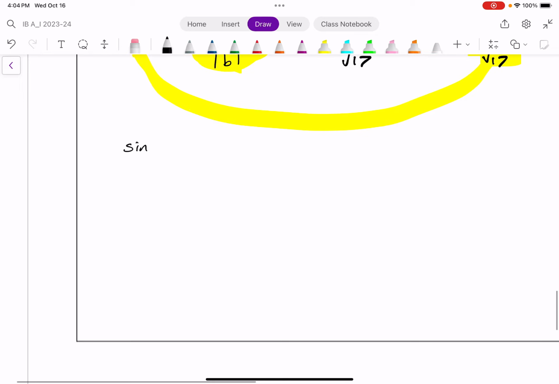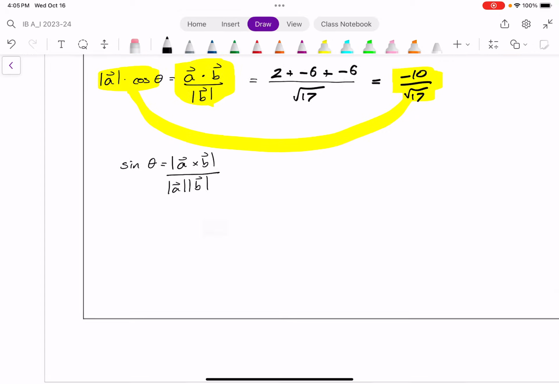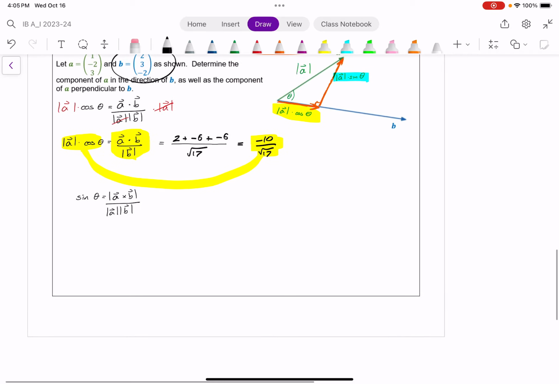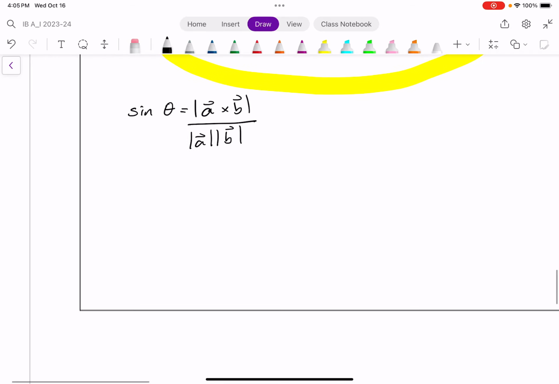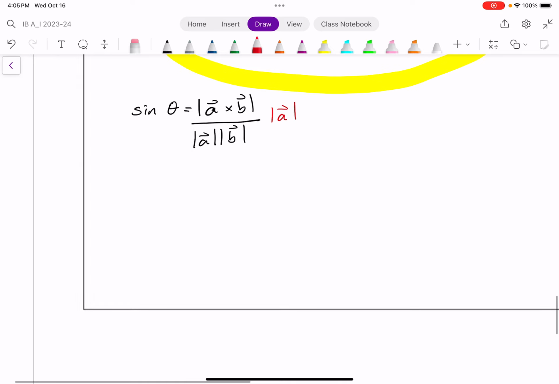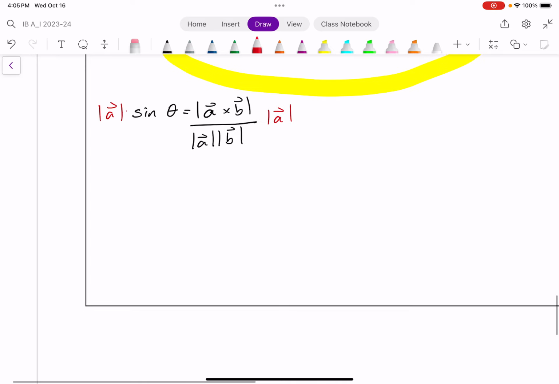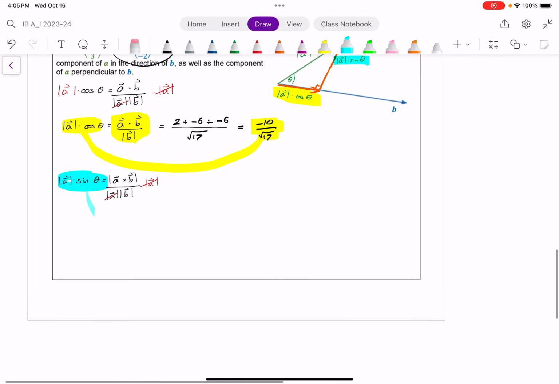Sine of theta equals the magnitude of our cross product, or vector product, divided by the magnitude of A times the magnitude of B. And if I then, like before, multiply both sides by the magnitude of A, this cancels out, and everything we see right here is what we're trying to figure out.